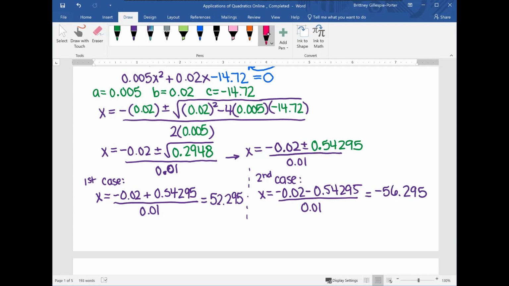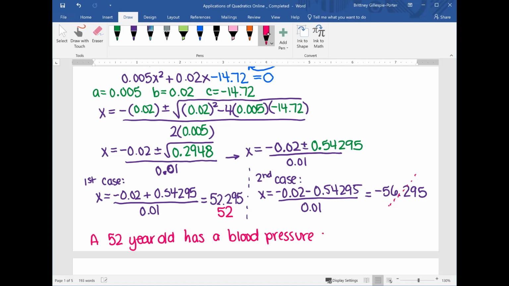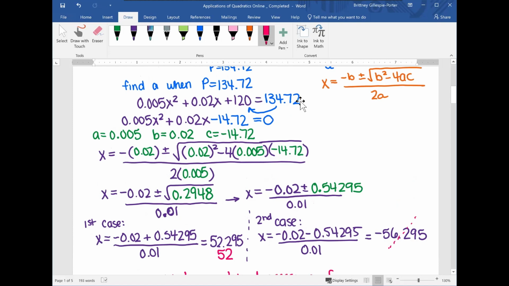Remember that we cannot have a negative age, so we're going to throw out that second one, and rounding to the nearest whole year, that would be 52, which means a 52-year-old has a systolic blood pressure of, what did they tell us the pressure was? 134.72.